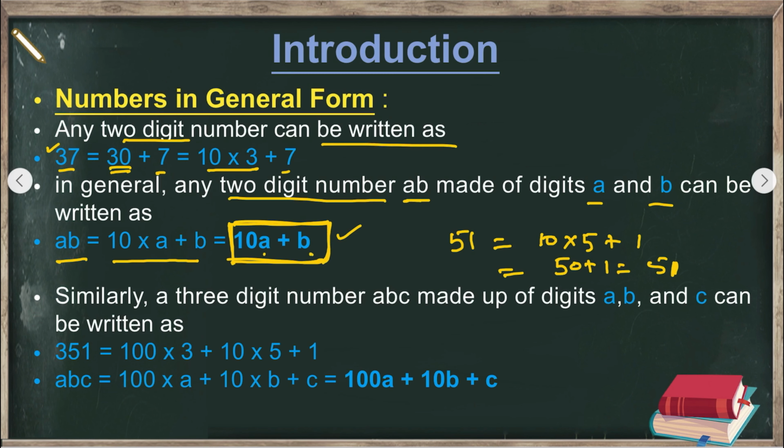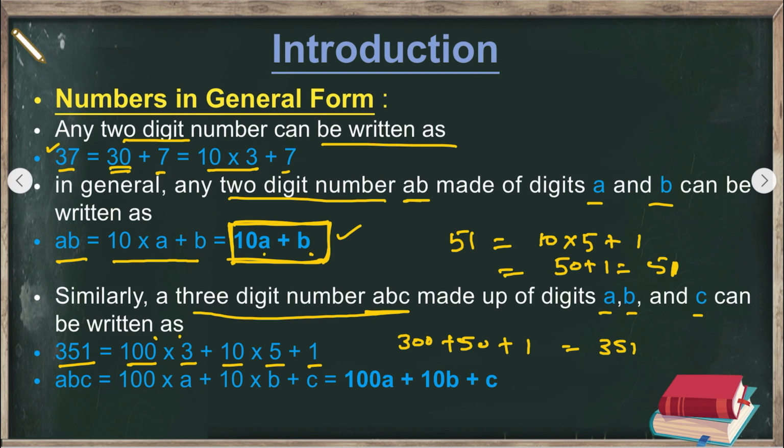In a similar way, a 3-digit number ABC, made up of digits A, B and C, can be written like this. If we have 351, we can write this as 100 into 3, that is 300, plus 10 into 5, that is 50, and then 1. So again this will result as 351.